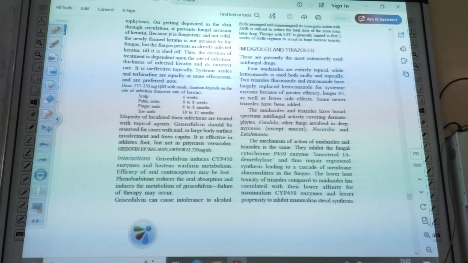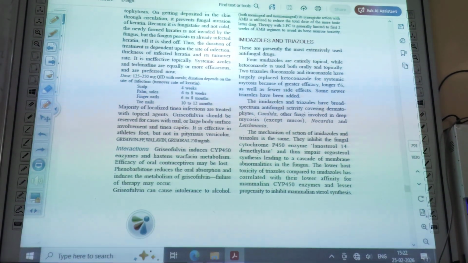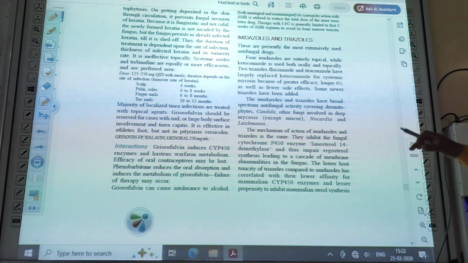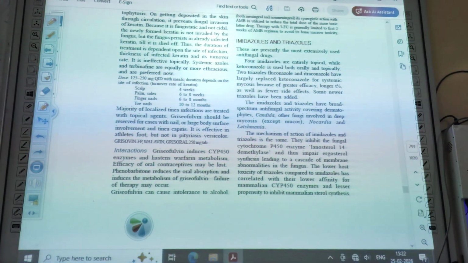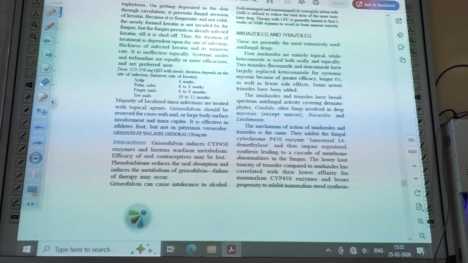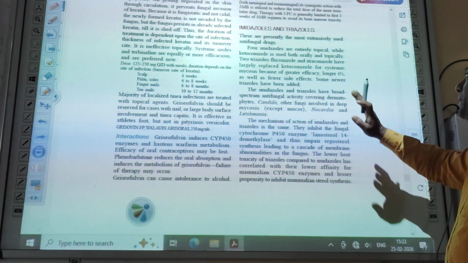Two triazoles, fluconazole and itraconazole, have largely replaced ketoconazole for systemic mycosis because of greater efficacy.